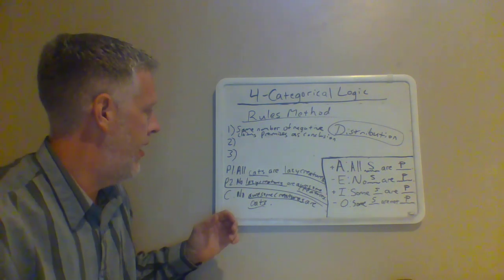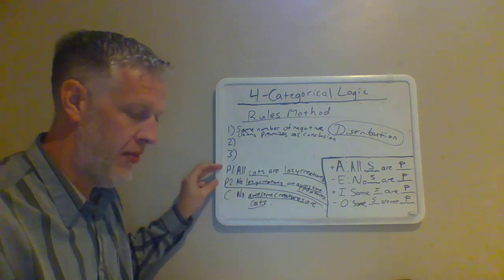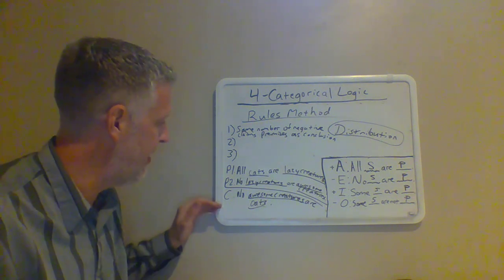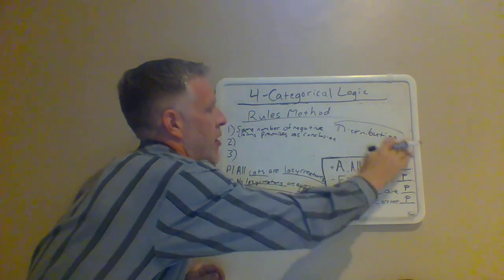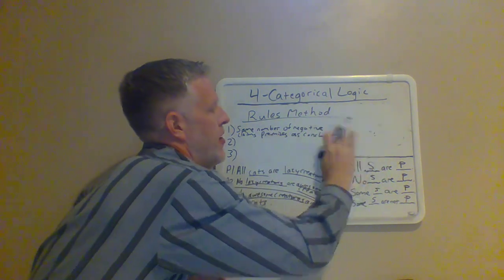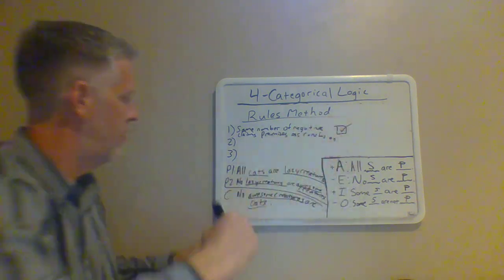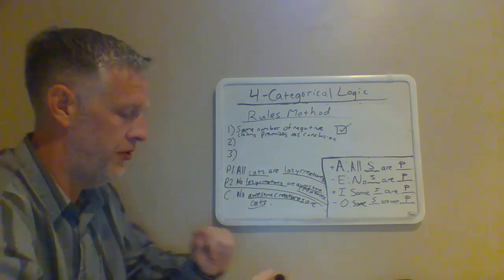But if there are no negative claims in the premises, then there better not be a negative claim in the conclusion. So it has to be the same. Let's see if that actually happens in our example. Is rule 1 satisfied? It is. We have one negative in the premises and one in the conclusion.